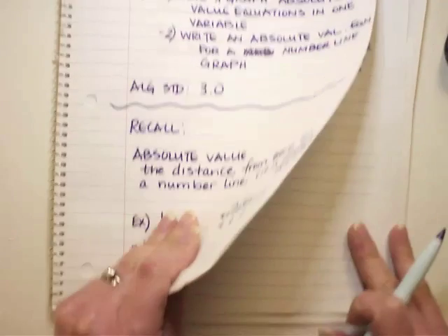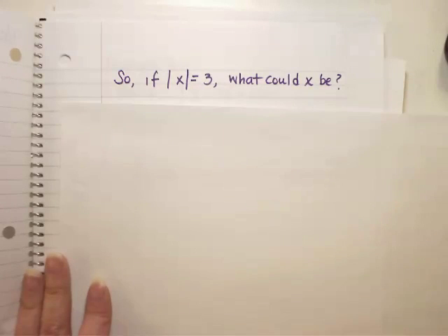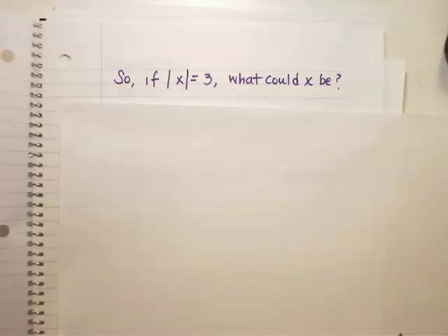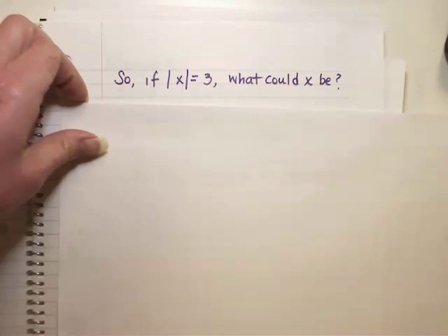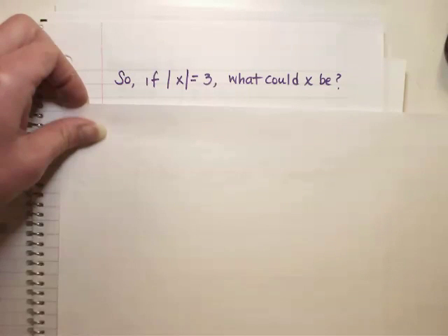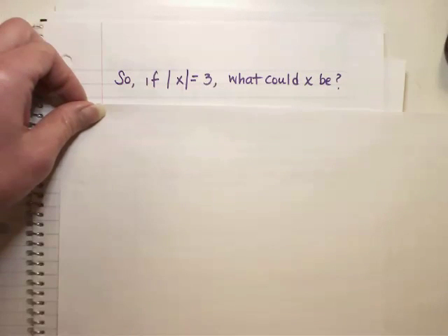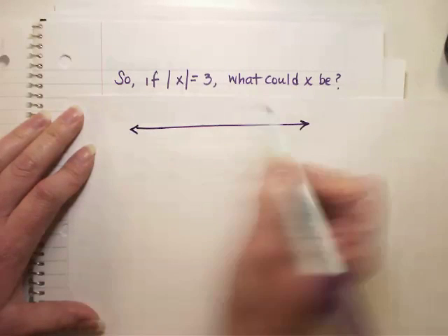So if that is true, then what if the absolute value of x is 3? Let's say you're 3 away from 0. Where could you be on the number line? If you're 3 away from 0, where could you end up being? Well, think about our number line again. And here's 0.